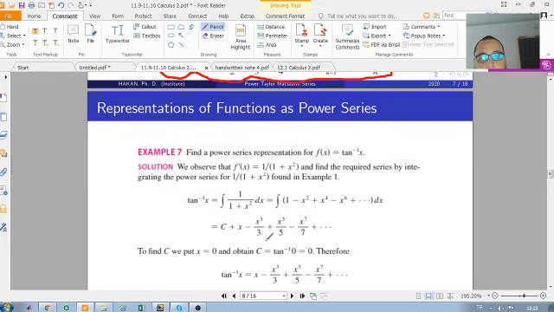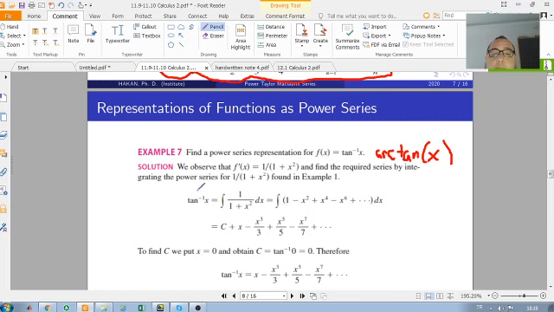Okay. Similarly, let's find a power series representation for arctangent x, or tangent minus 1 x.